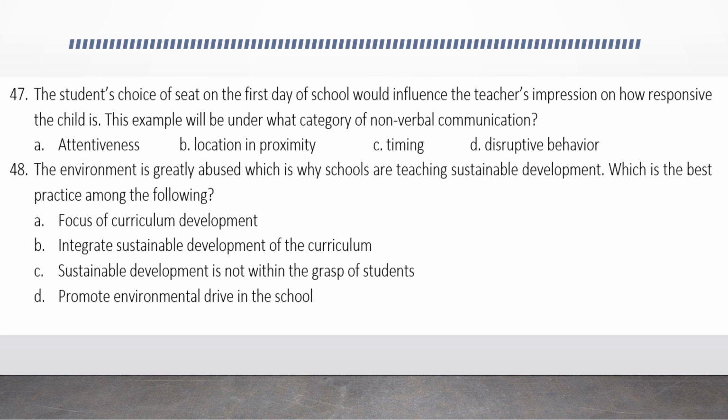The student's choice of seat on the first day of school would influence the teacher's impression of how responsive the child is. This example falls under what category of nonverbal communication? If you are a teacher on the first day and see a child sitting at the front, you assume he is responsive. That category belongs to location and proximity.